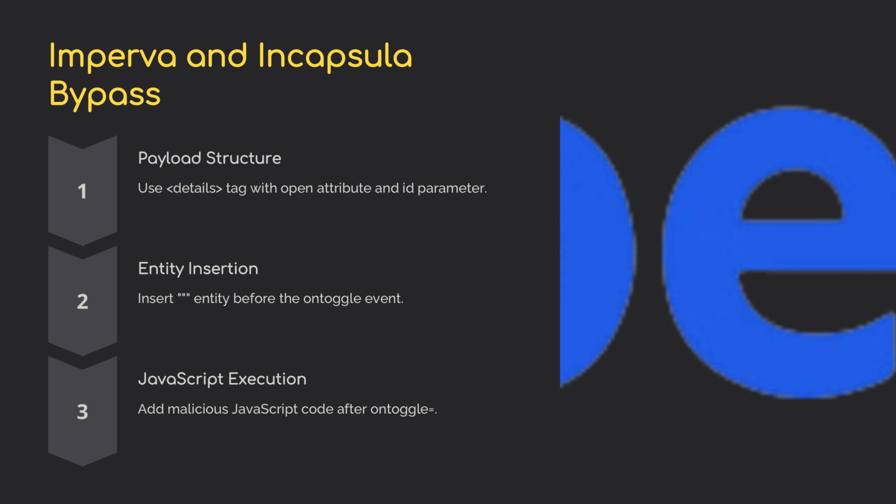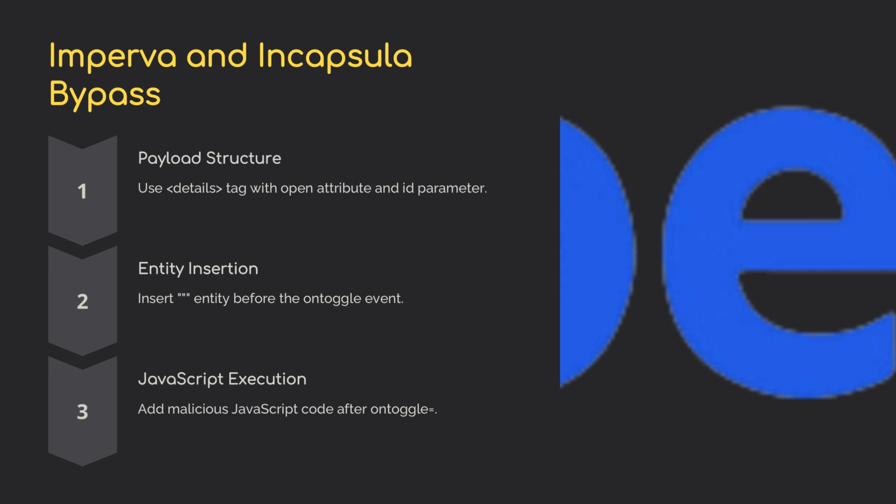In this slide, we're focusing on the methods to bypass Imperva and Encapsula web application firewalls. The key approach includes manipulating the payload structure using the details tag. By incorporating the open attribute along with an ID parameter, we create a vector for malicious activity.